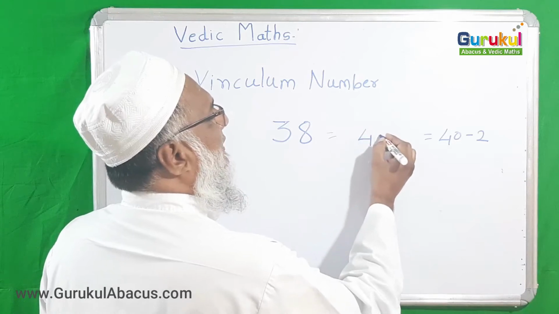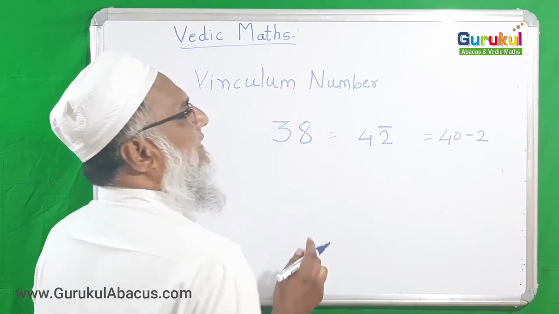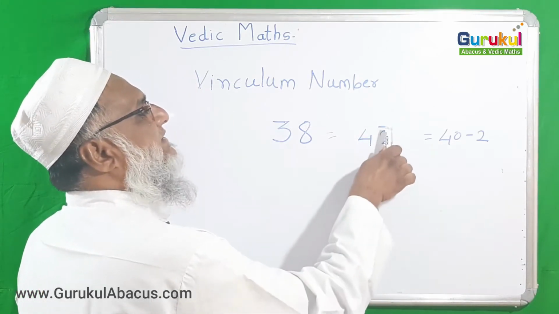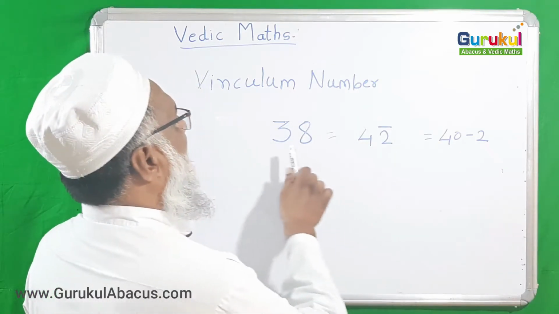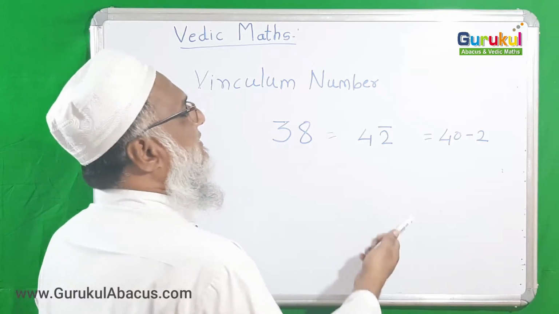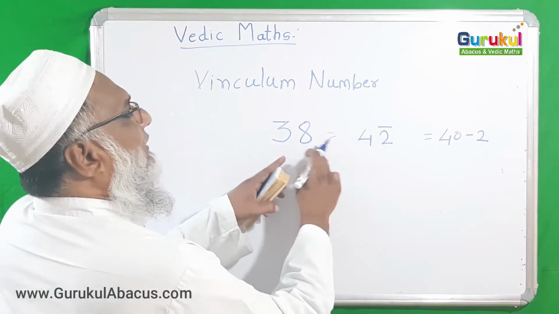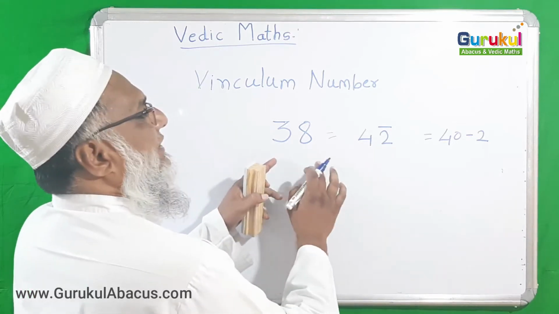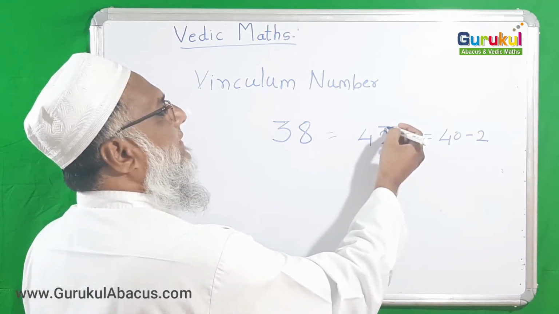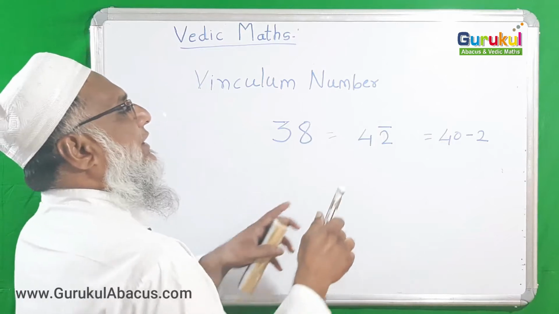I am going to write it like that. Here this 2 has a negative sign with it, which I wrote upside. So if there is a 38, what I am imagining looks like 42, but it's 38 because this 2 has the negative bar on it.